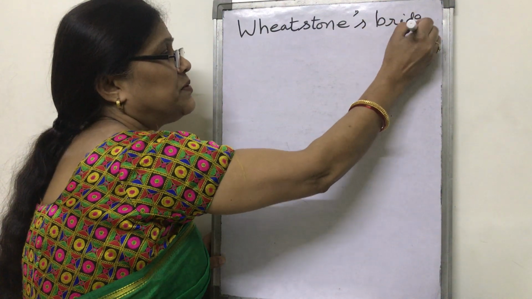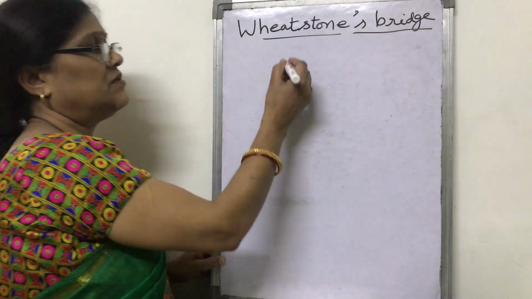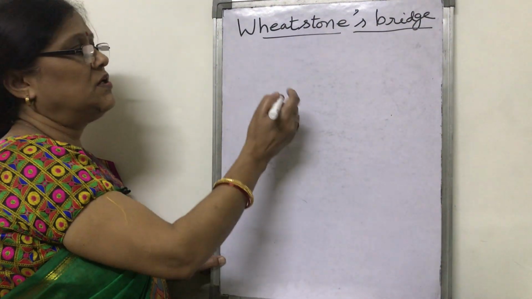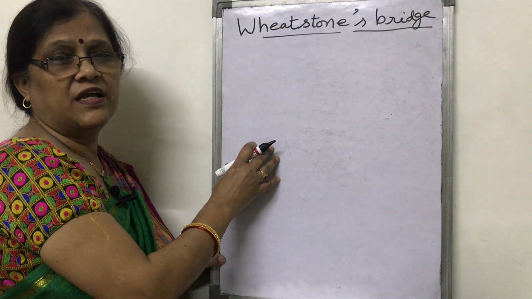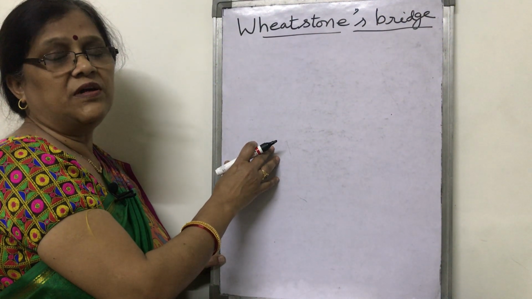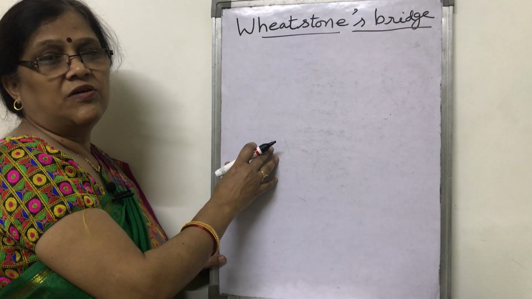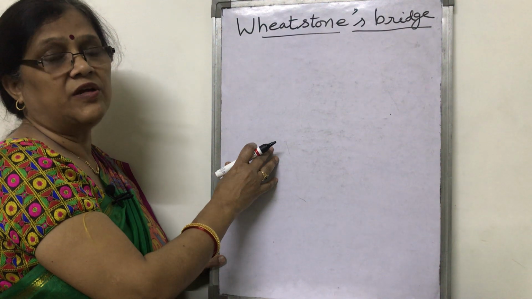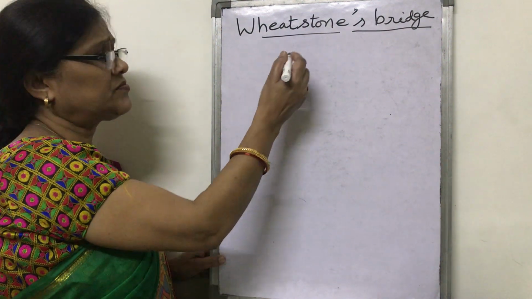In this principle of Wheatstone's bridge, why this is called a bridge and the name of the scientist Wheatstone, 4 resistances are taken. Out of them, the value of one resistance is determined in terms of the other 3 very accurately and quickly. How? Let's see.